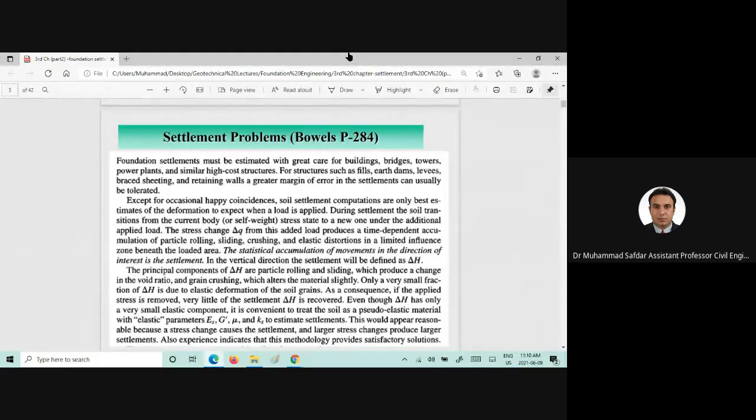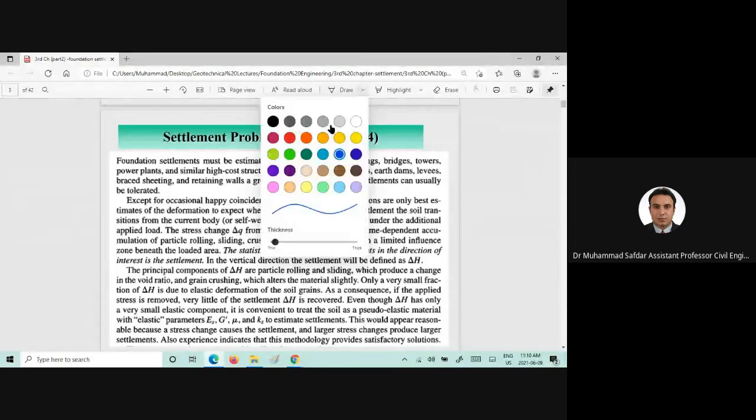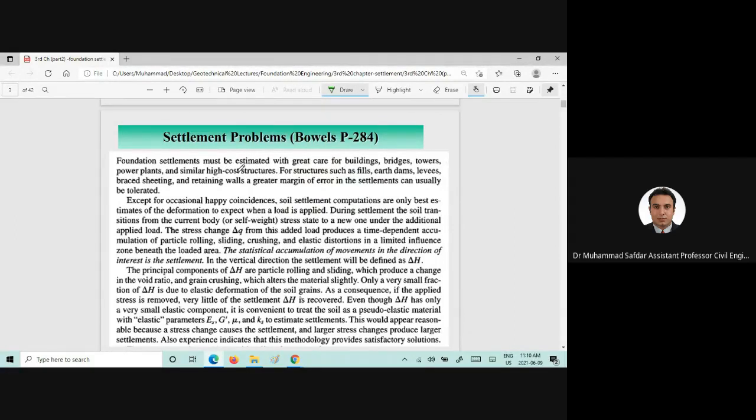Now, as we all know, settlement must be estimated with great care for buildings, bridges, towers, power plants, and similar high-cost structures. So these are the structures for which we need to estimate the settlement with great care.